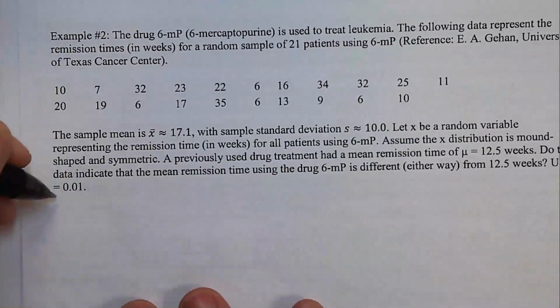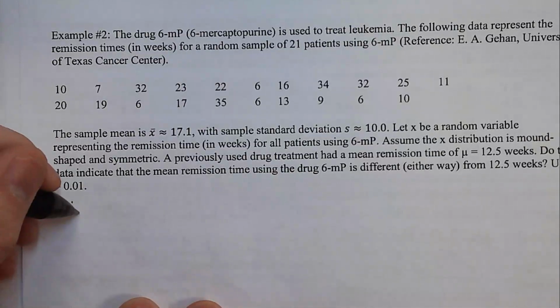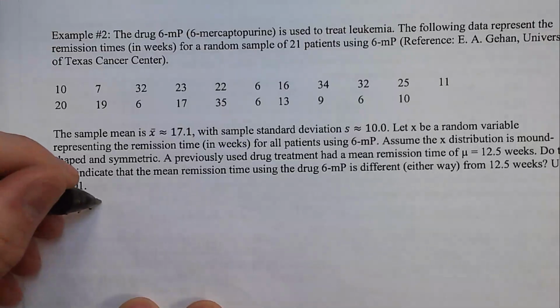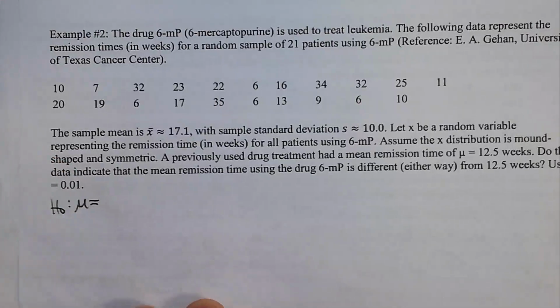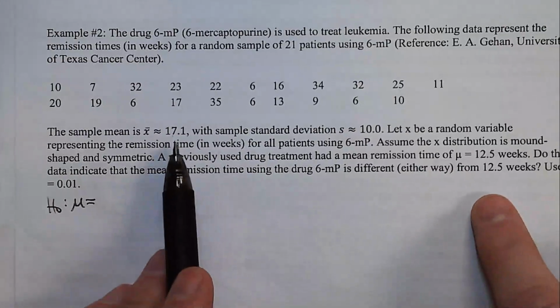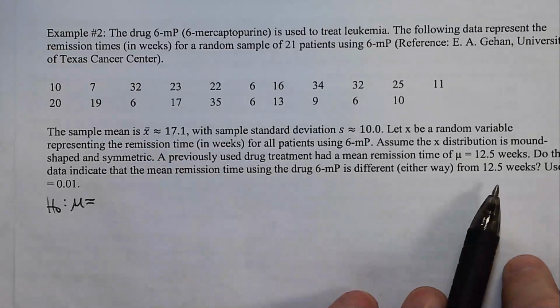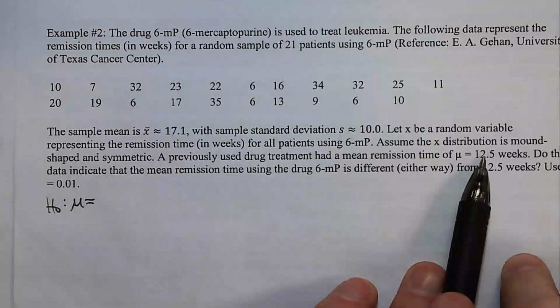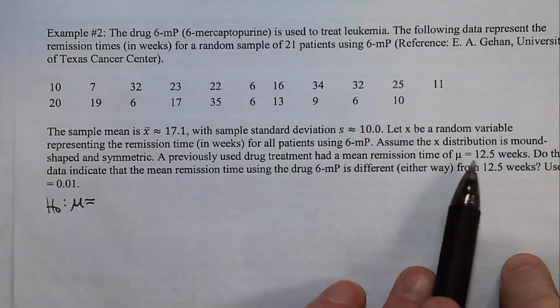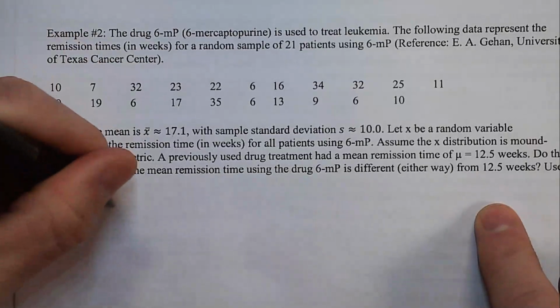So let's start with our null hypothesis. It's mu, because it's one sample means, equals, always equals for Ho. Which mean are we looking for in our hypothesis? Which one's the claim we're going against? The sample mean, or this 12.5? 12.5, right? This is the mean we're trying to test against. So it's going to be mu equals 12.5.